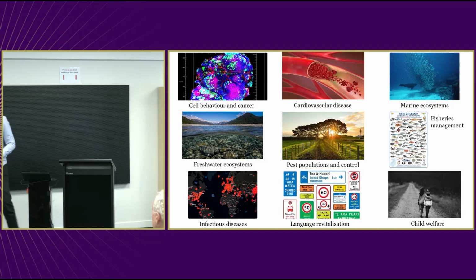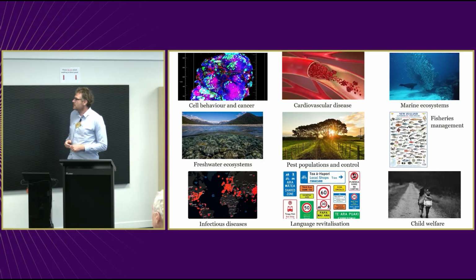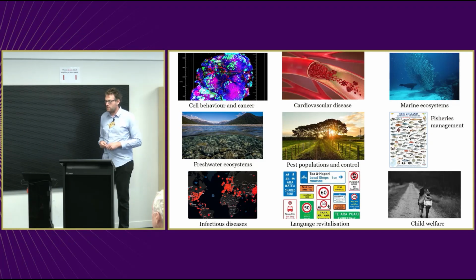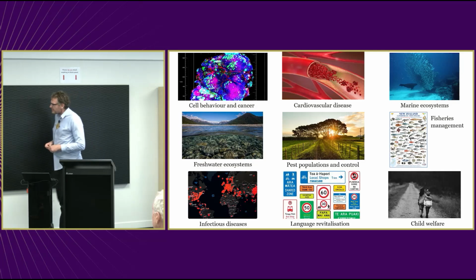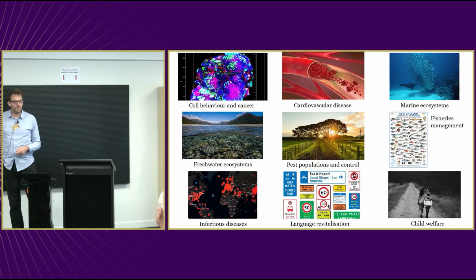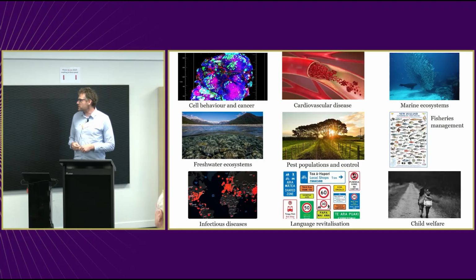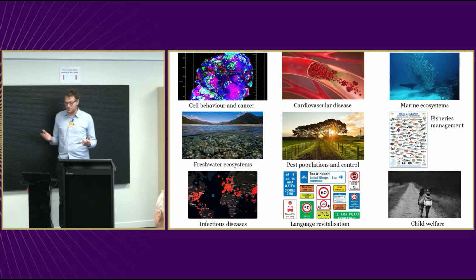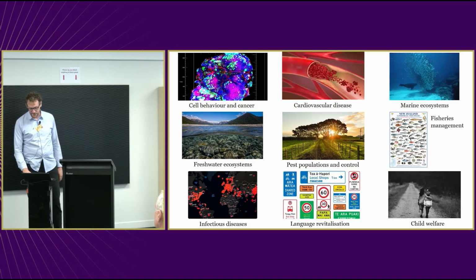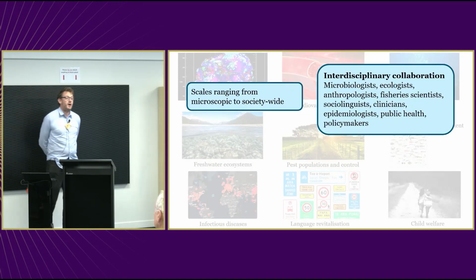I did a postdoc on modelling cardiovascular disease, modelling plaque formation, again with cell-based models. Since then, I've worked on marine and freshwater ecosystems, pest populations and control, fisheries management, infectious diseases, language revitalization, child welfare. Quite a wide range of things.